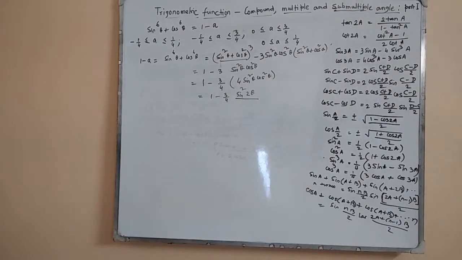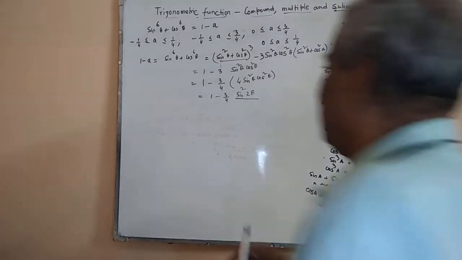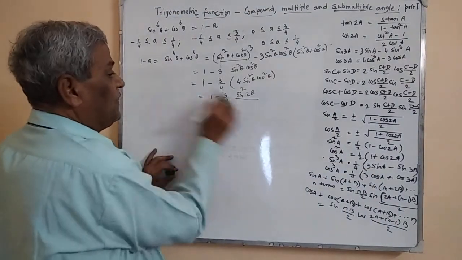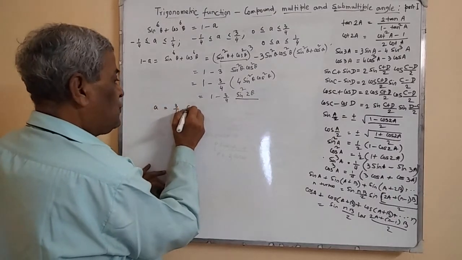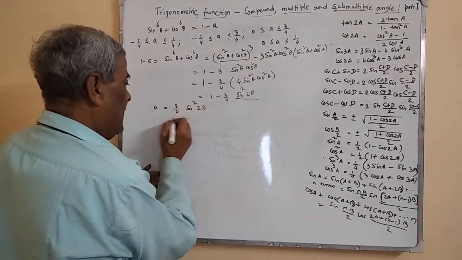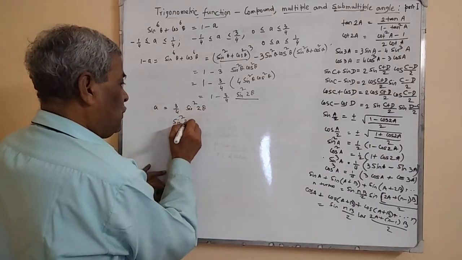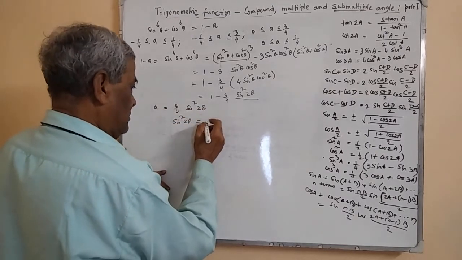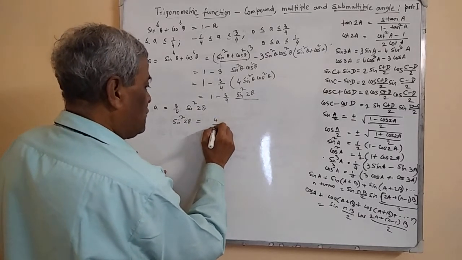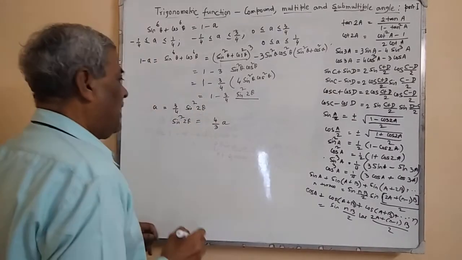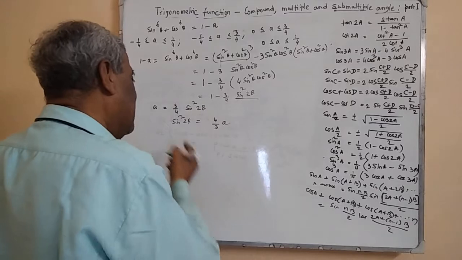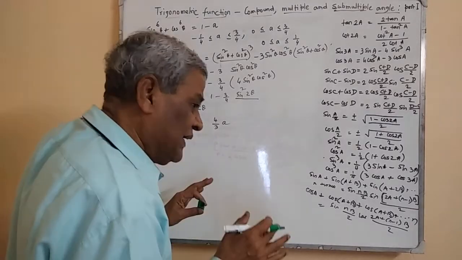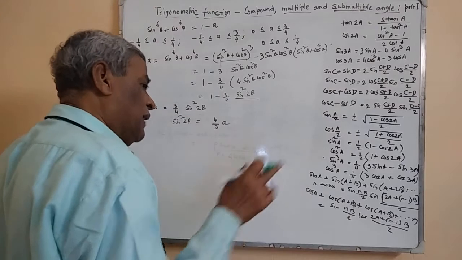So from these two we get a is equal to 3 by 4 sine square 2 theta. That is, sine square 2 theta is equal to 4 by 3 a. But as I told you earlier, if it is only sine 2 theta, then it must lie between minus 1 and plus 1.